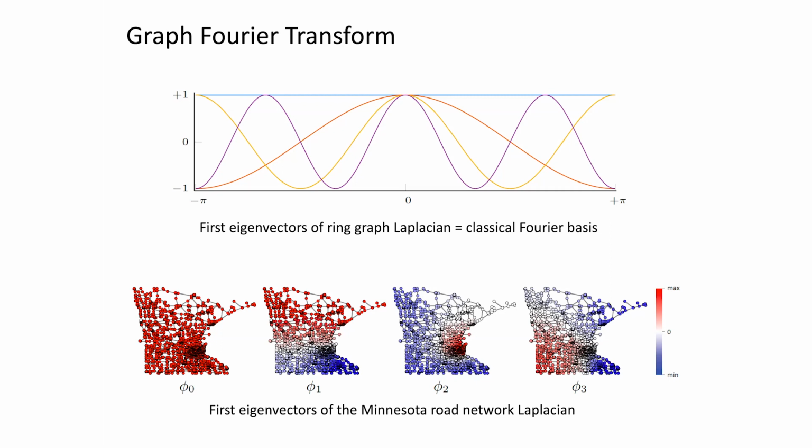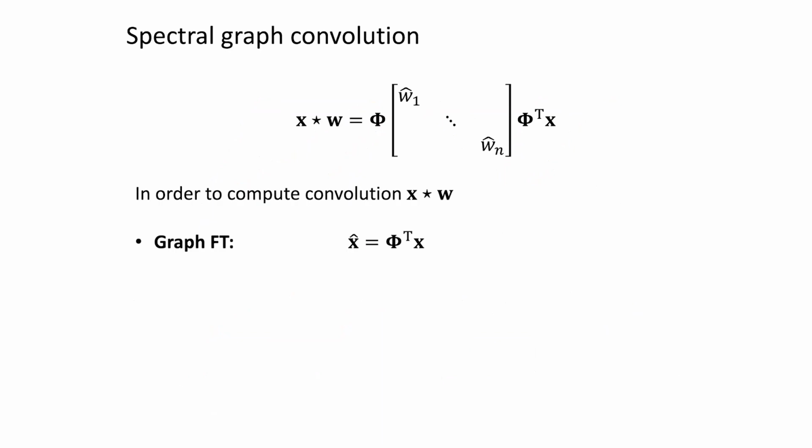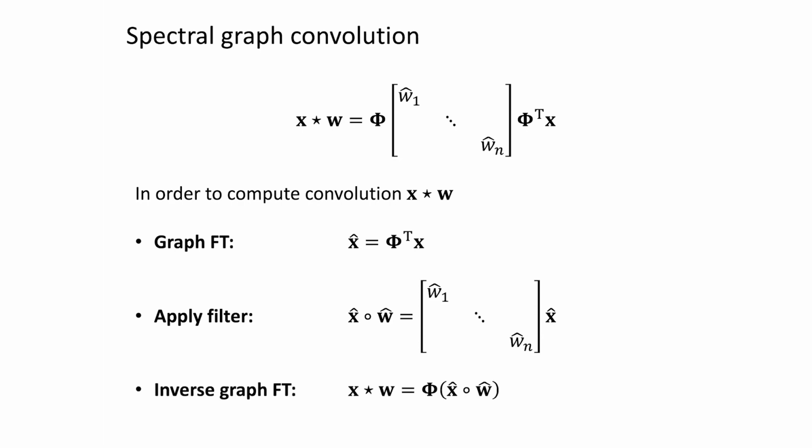The simplest, most straightforward way of generalizing convolution to graphs and convolutional neural networks is to parameterize the filter by its spectral coefficients. So the way that we compute convolution is applying the graph Fourier transform, which is multiplication by the eigenvectors of the Laplacian matrix, then applying the filter, element-wise multiplication with the spectral coefficients of the filter that are learnable, and applying the inverse graph Fourier transform, again multiplying by the matrix of the adjacency or Laplacian eigenvectors.